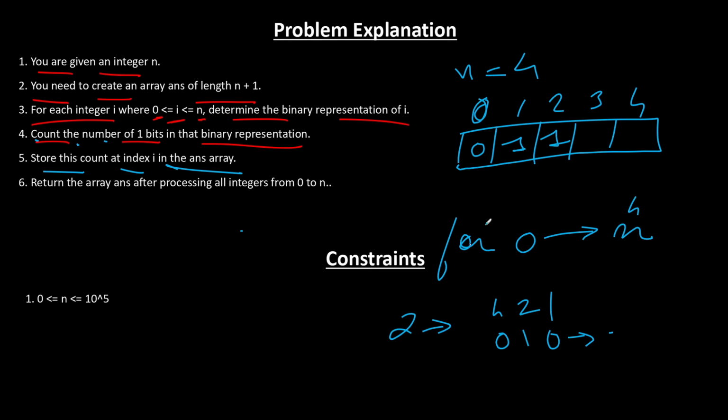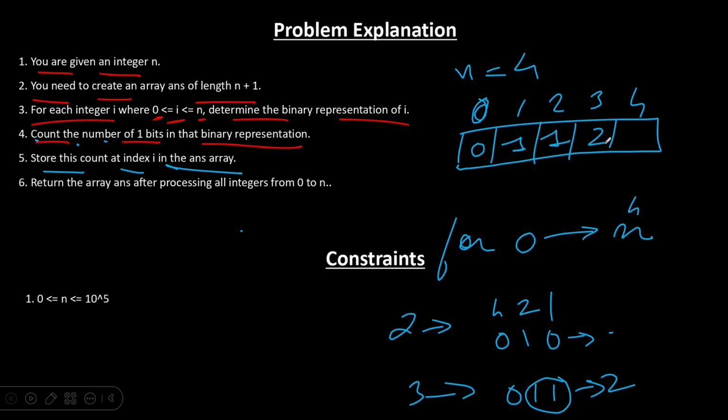Binary representation of 3 will be 0 1 1. How many ones are there? 2, so we will write 2 here. Binary representation of 4 is this way, so the number of ones is only 1. So this is what we have to return at the end: return the answer array after processing all the integers from 0 to n.